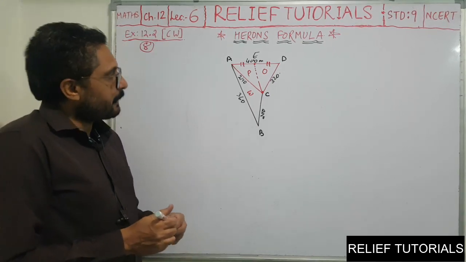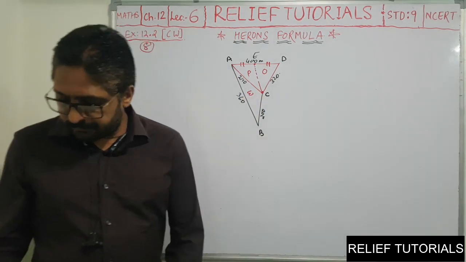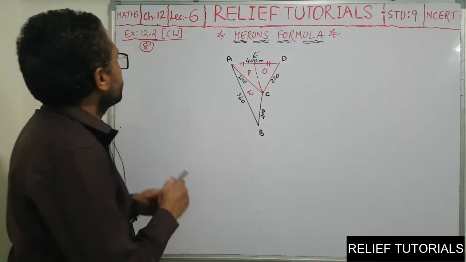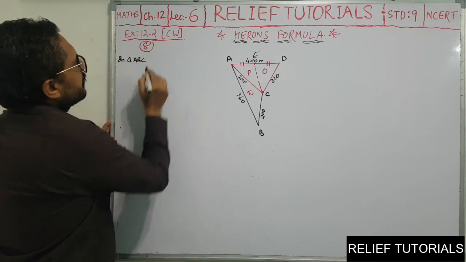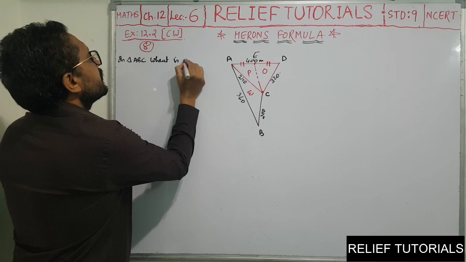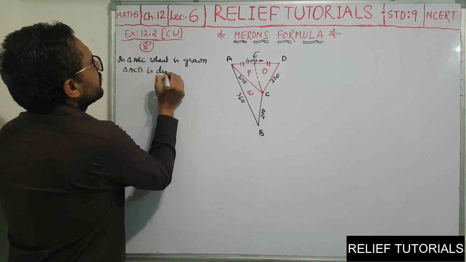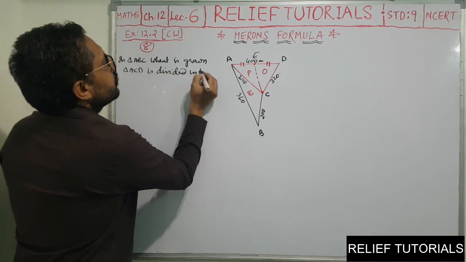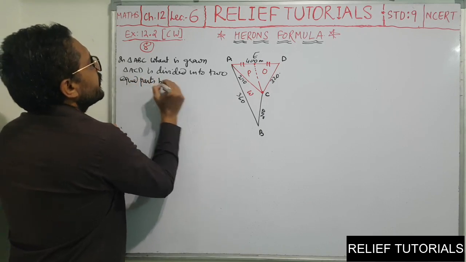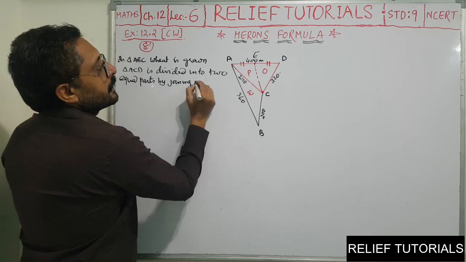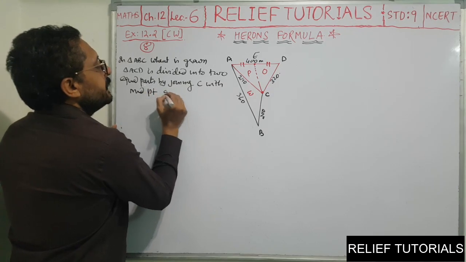See now, in triangle ABC wheat is grown, and triangle ACD is divided into 2 equal parts by joining C with the midpoint of AD.